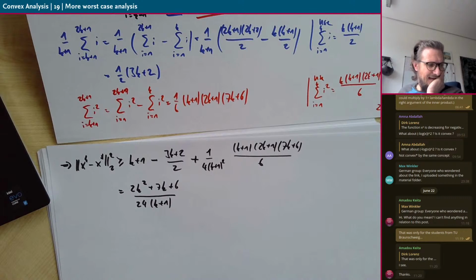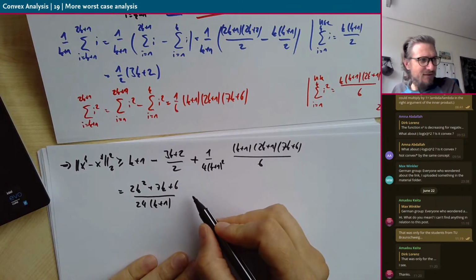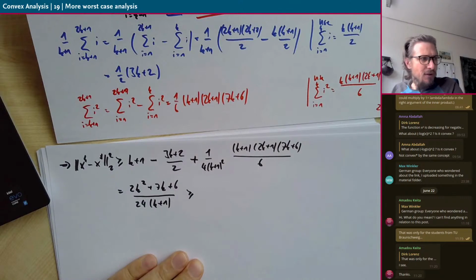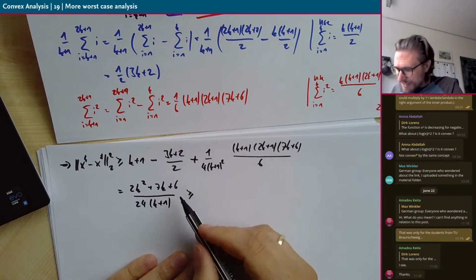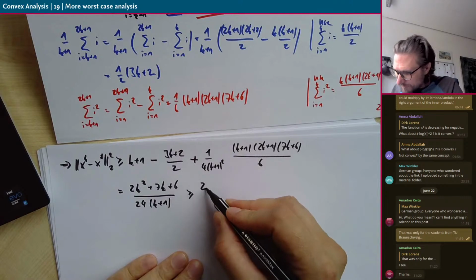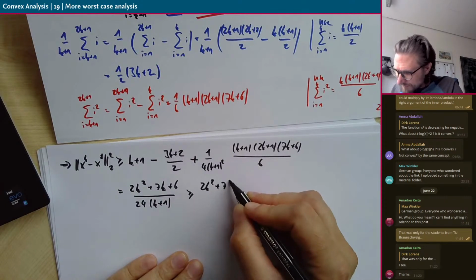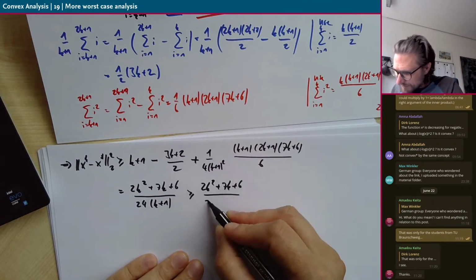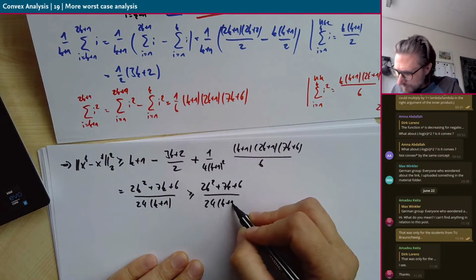So what we're going to do now is we make things smaller by multiplying by something less than 1. First I copy this term here, 2k squared plus 7k plus 6 divided by 24 times k plus 1.